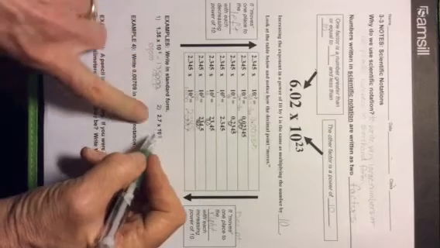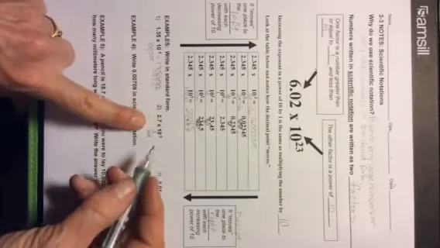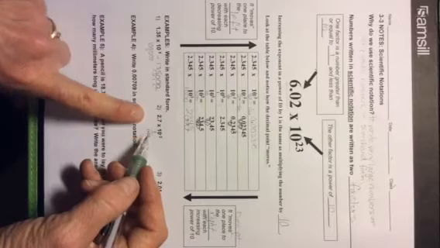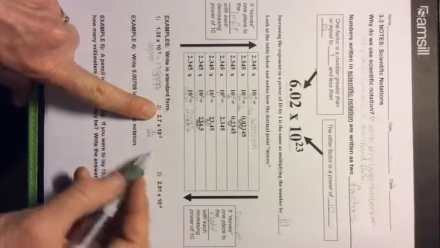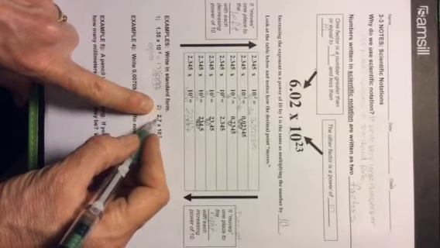So it's 135,000. If we do 2.7 times 10 to the -3, that's like 1 over 1,000, or 1 over 10 to the third power, which is 1,000. So it's like taking 2.7 times 1/1000th, which means we're going to move the decimal point 3 places to the left.